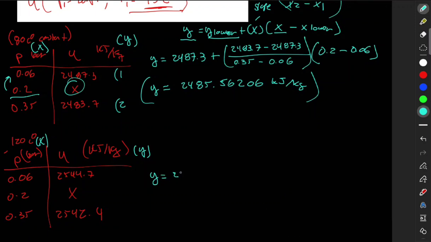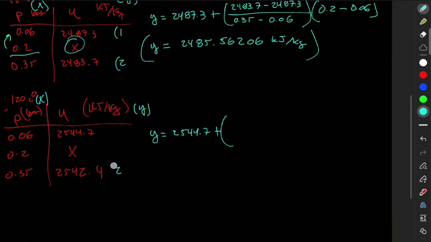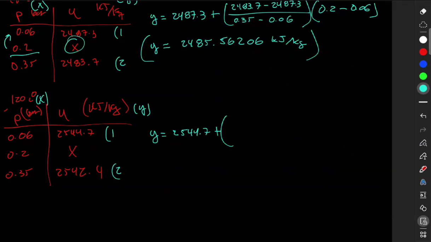Here's my lower, 44.7 plus, oops, this is my 2, and this is my 1. So we have 2542.4, 2544.7, 0.35, 0.06. This is my x, 0.2 minus 0.06.